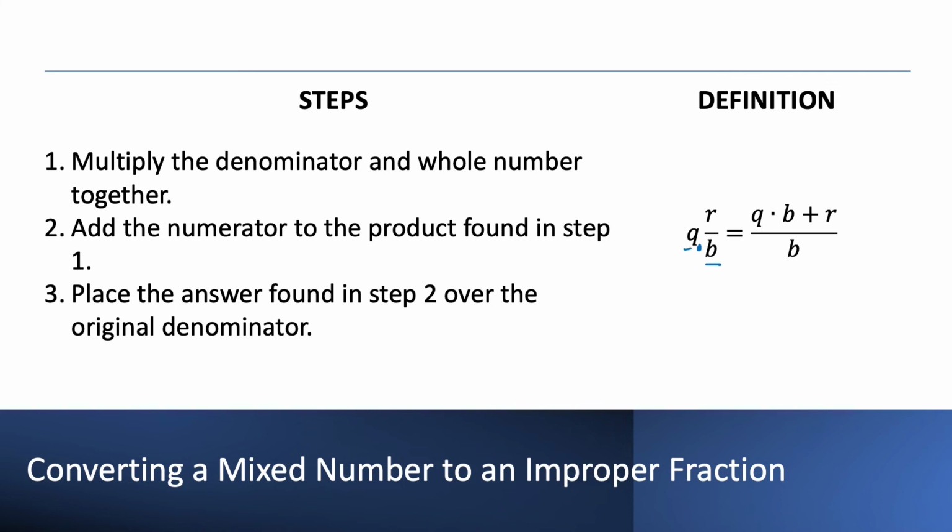Once you have that value, you're going to add R to it. So again, you multiply the whole number times the denominator, find that value, and then add the numerator. Next, you're going to write a fraction bar and place that value that you just found over the original denominator, which is B.